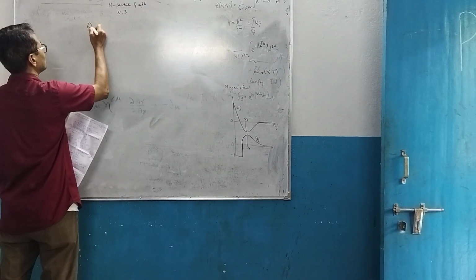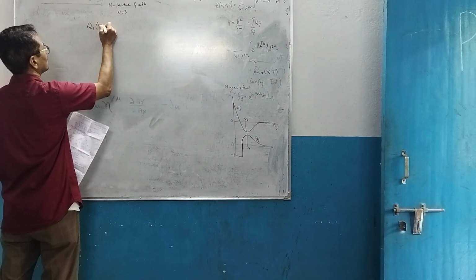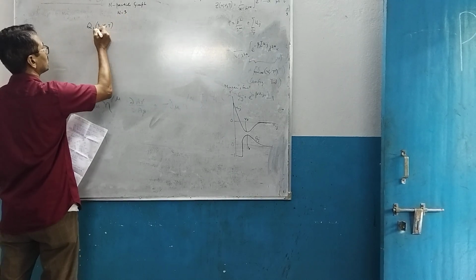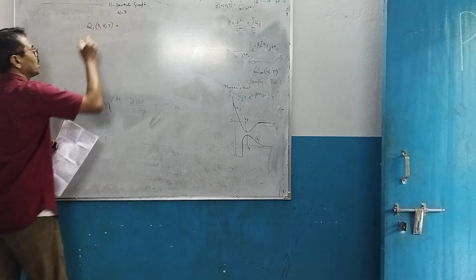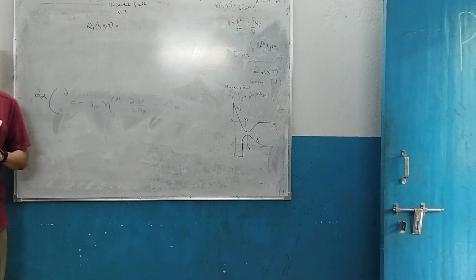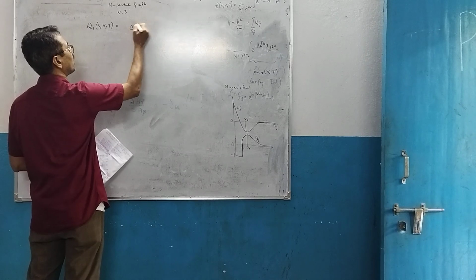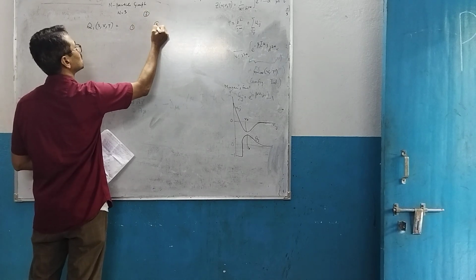Now I can write this as Q_1 3 V T, because we are talking about n equal to 3. So why do we say Q_1? Because now we can have a situation where all the three particles are independent of each other. There is no interaction. So I can write 1 2 3.